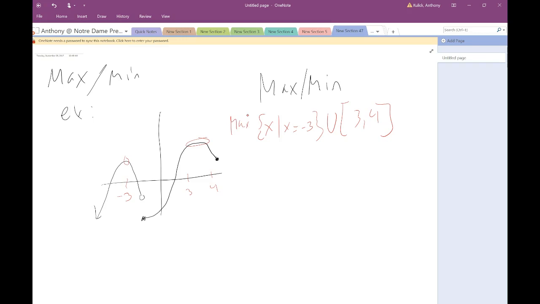Minimums would be the bottom of a valley. We don't have any of those on this graph because I didn't draw any in there. But I also have to worry about half of the bottom of a valley. So we do have a couple of those. You can imagine this piece keeps on going, or this piece keeps on going, and that's half of the valley.